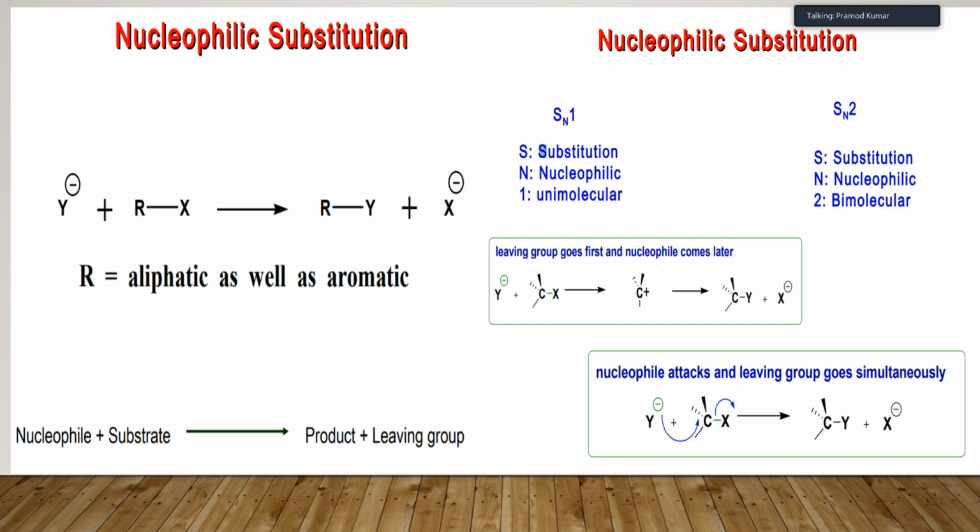SN1 is substitution nucleophilic unimolecular reaction, whereas SN2 is substitution nucleophilic bimolecular reaction. SN1 is a two-step reaction, in which the initial step is formation of a carbocation, followed by the fast attack of the nucleophile on the carbocation to give the product. In SN2, the nucleophile attacks and the leaving group leaves simultaneously.